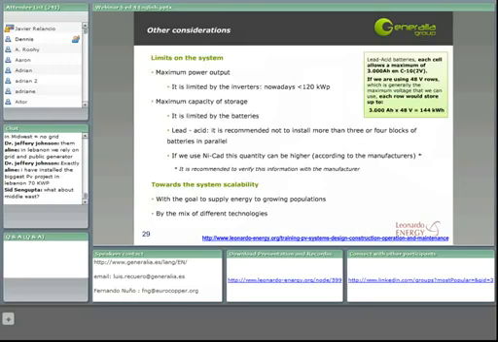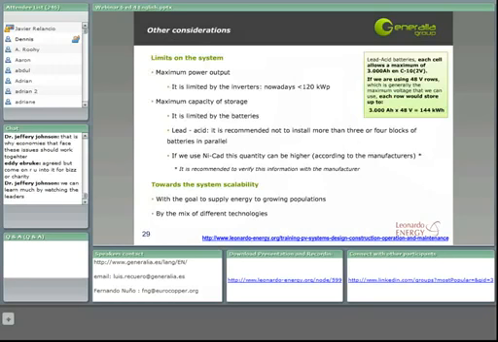Also, the maximum capacity of storage is limited by the batteries, and if we use lead-acid batteries, we cannot combine more than 4 blocks of batteries in parallel. As you can see in the chart at the top right of this webinar, each row has to store less than 144 kilowatt hours.